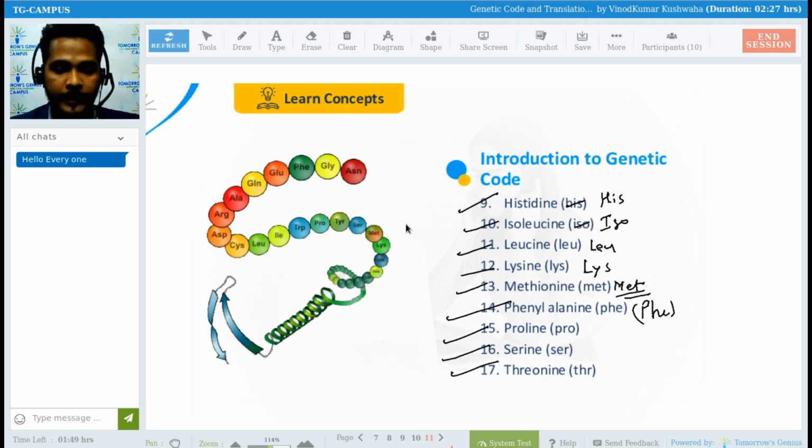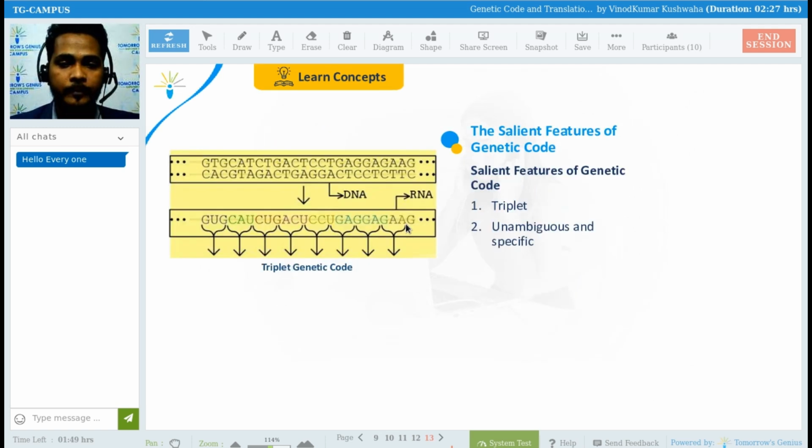Clear now? Okay. Now let's focus on the salient features of the genetic code. What are the important characteristics, the salient features of the genetic code? First of all, the genetic code is triplet. Why is it triplet in nature?